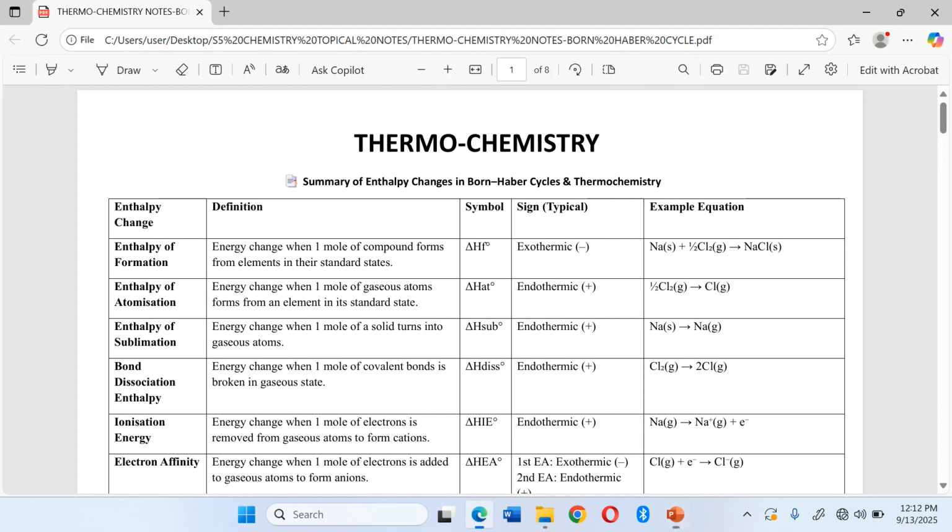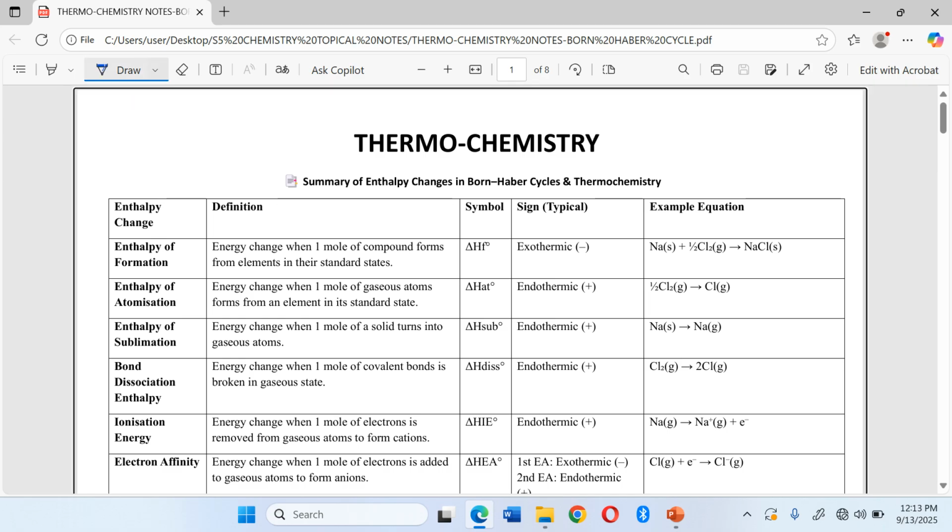It is very important for us to know these different enthalpy changes which are used in Born-Haber cycles and thermochemistry. And as I said, when we're looking at all of these, we have these Born-Haber cycles. We also have the potential energy diagrams.